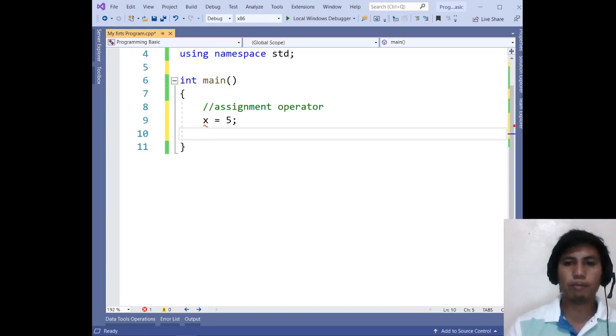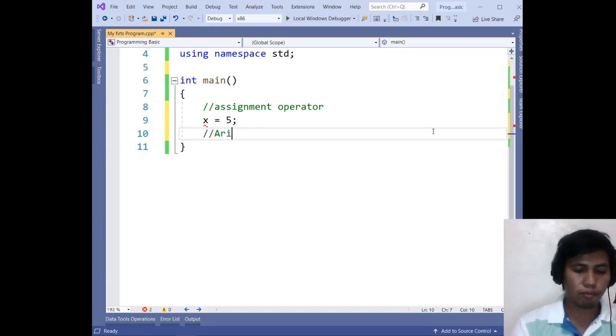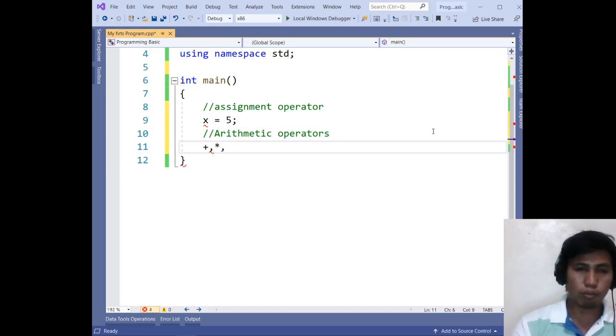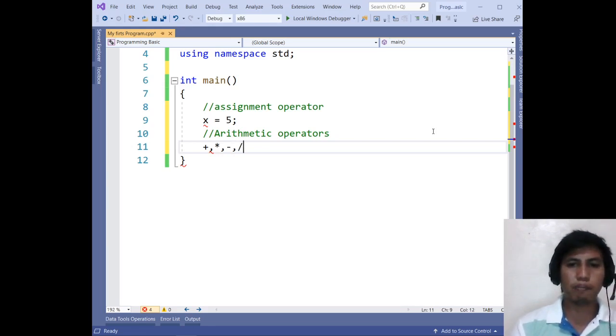We also have next, arithmetic operators. So arithmetic operators include addition, which is the plus. We also have multiplication denoted by asterisk. Then subtraction, dash symbol. And then we also have division, the slash symbol.